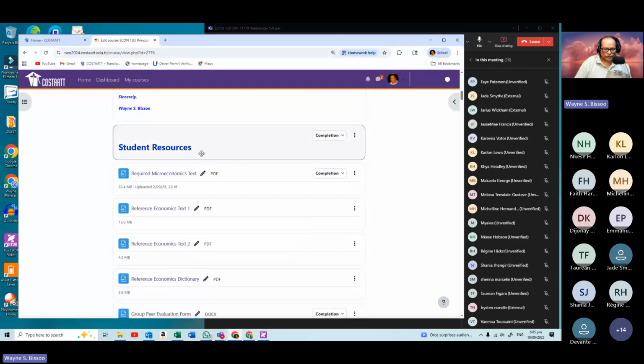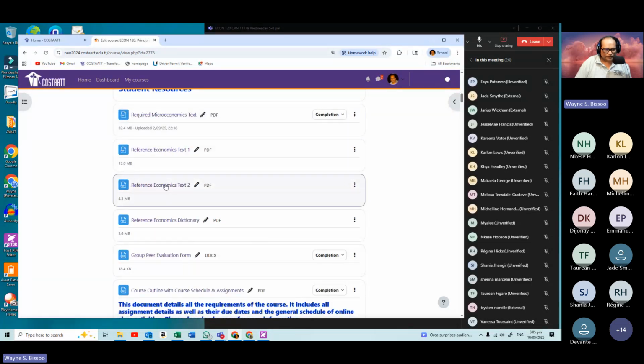Under student resources, this block here, we have a number of reference books and textbooks that you should download and store on your devices so that you can access them whenever you need them. There's a dictionary along with three recommended textbooks for the course.